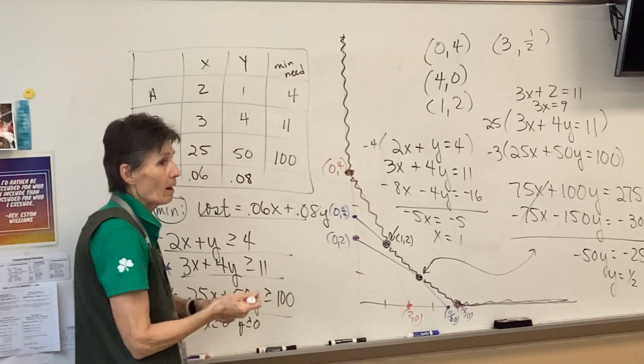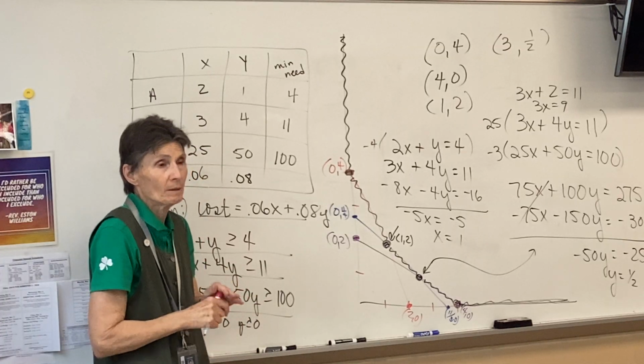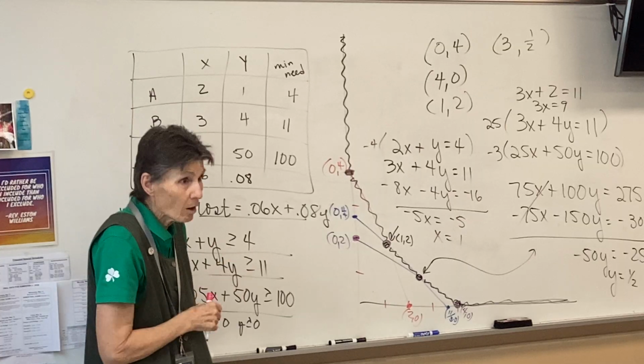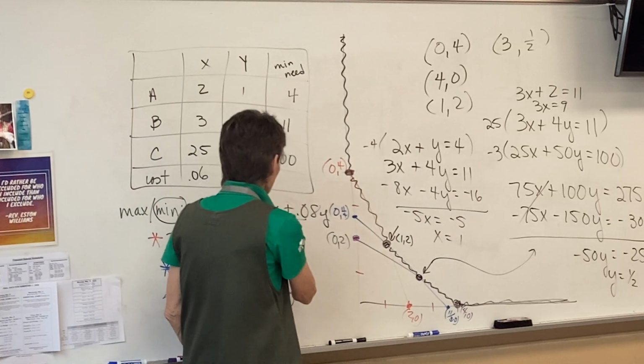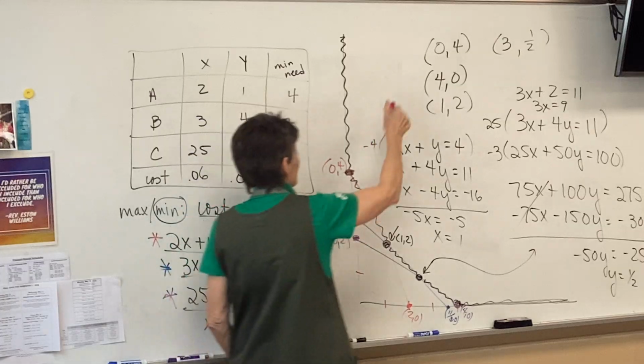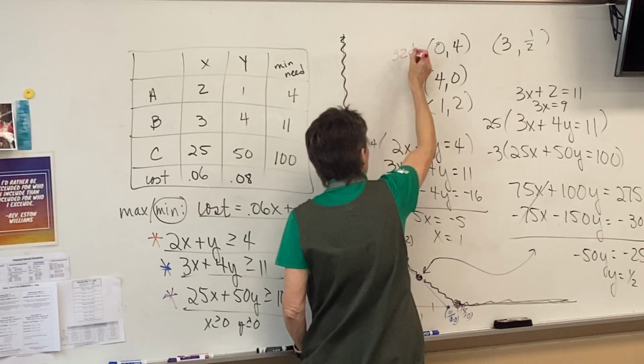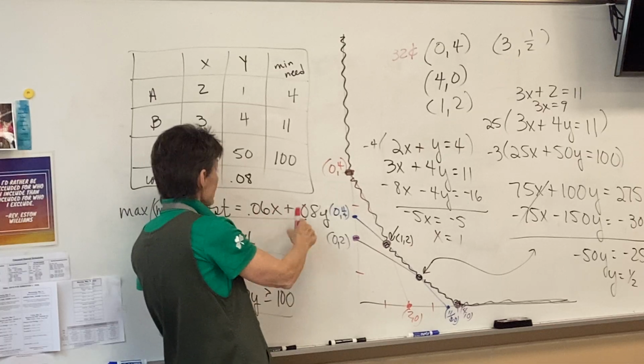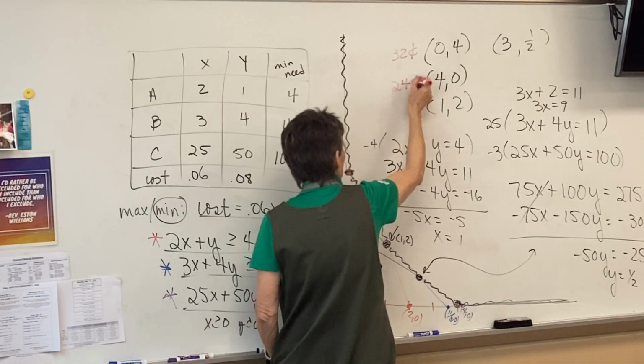All right, now what? We're almost done. Figure out how much each one costs. So if I don't do any x's, but I do 4 y's, that's going to be 32 cents. If I do 4 x's and no y's, that's going to be 24 cents.